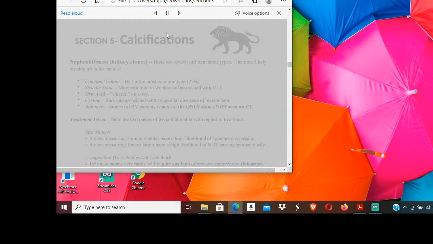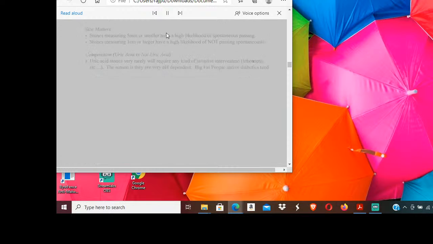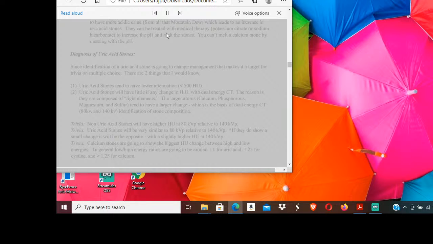Big fat people and/or diabetics tend to have more acidic urine, from guzzling that Mountain Dew, which leads to an increase in uric acid stones. They can be treated with medical therapy, potassium citrate or sodium bicarbonate, to increase the pH and melt the stones. You can't melt a calcium stone by messing with the pH.